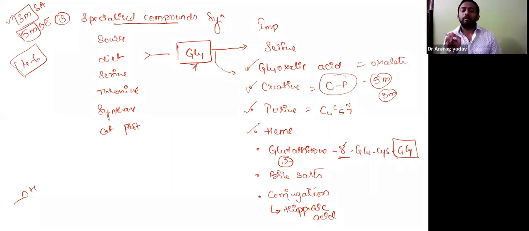The heme part of hemoglobin, the first step itself requires the amino acid glycine. Then the glutathione molecule, which is a tripeptide, contains glycine in its structure. Apart from these, bile salts and the detoxification conjugation process require glycine. So these are the specialized compounds from glycine.